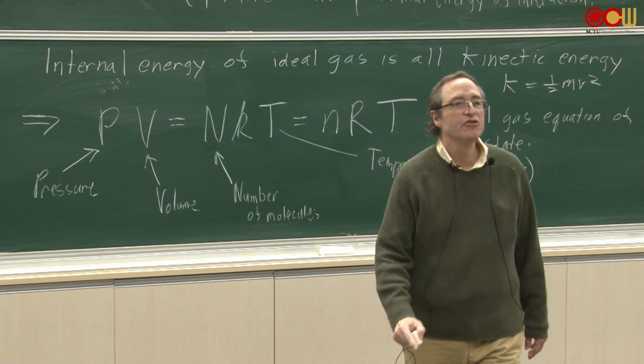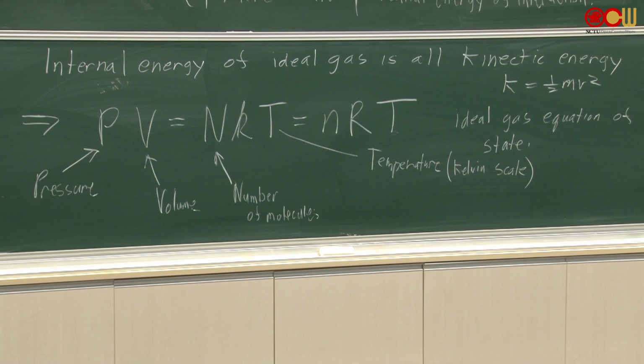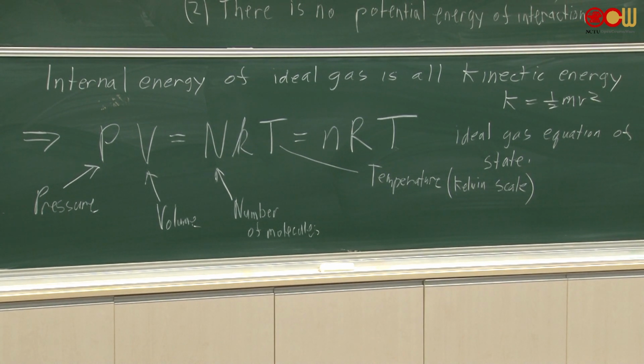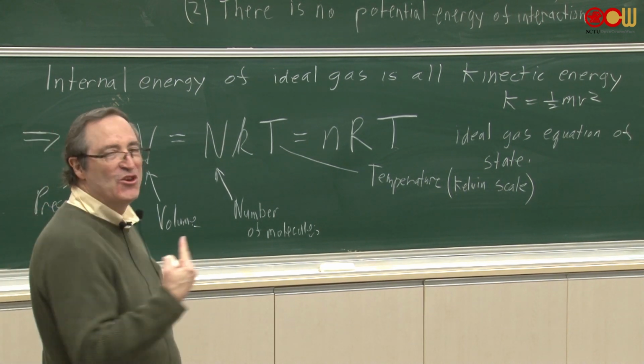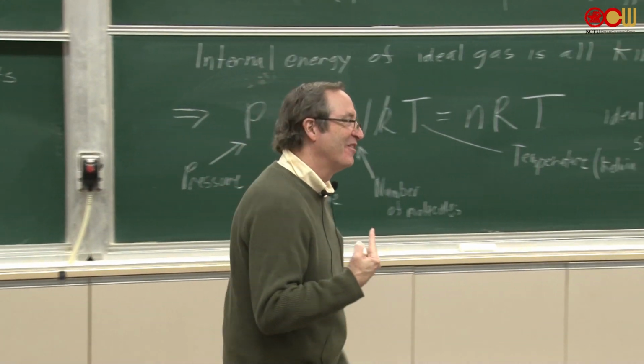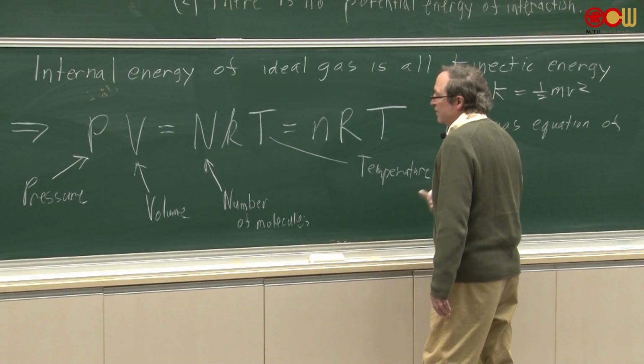You cannot use Celsius or centigrade in this formula. And even worse, you cannot use Fahrenheit. That's really bad. Not that any of you would do that. Only Americans would think of that. So that's temperature, Kelvin scale.